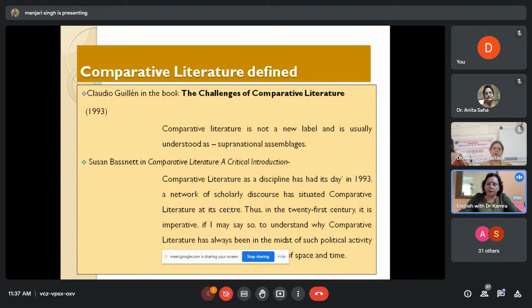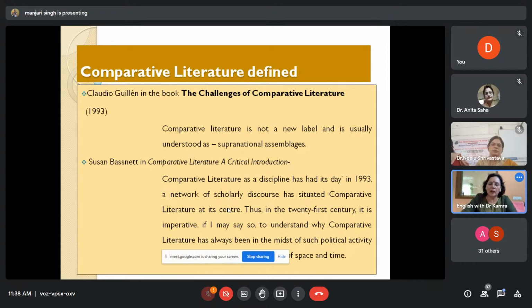So in the 21st century, it is imperative, if I may say so, to understand why comparative literature has always been in the midst of such political activity when studied across the coordinates of space and time. Now, Susan Bassnett, I would be talking about later when I would be speaking about post-colonial literature, or I would talk about why comparative literature still stands defeated.